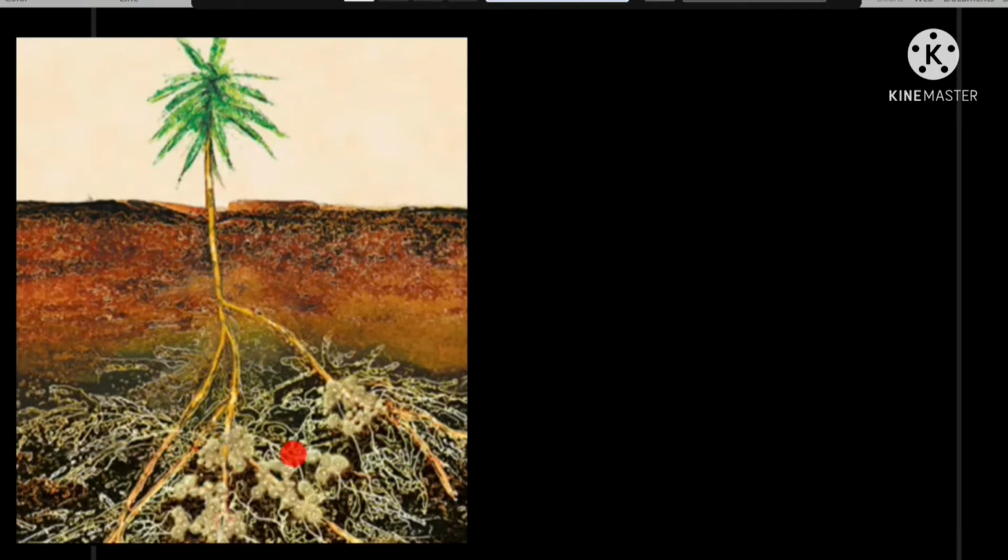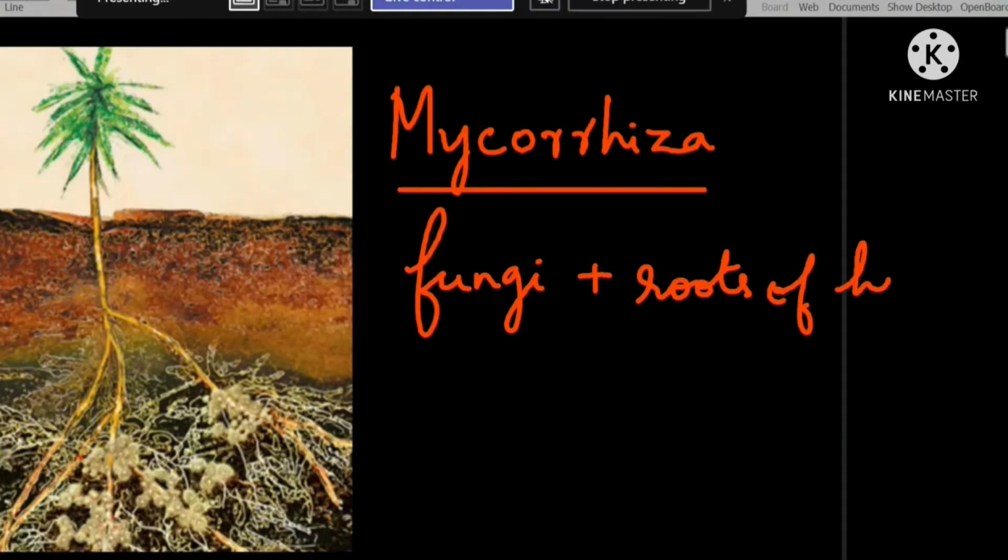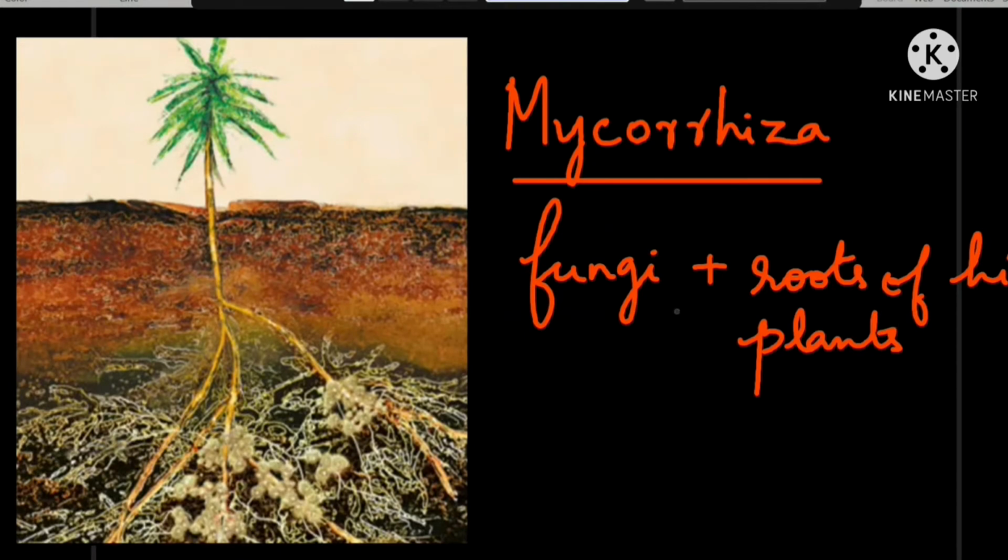And this relationship, this interaction is called mycorrhiza, the interaction between fungi and the roots of higher plants. So if this is a positive relationship, then we'll see what are the benefits that they get.